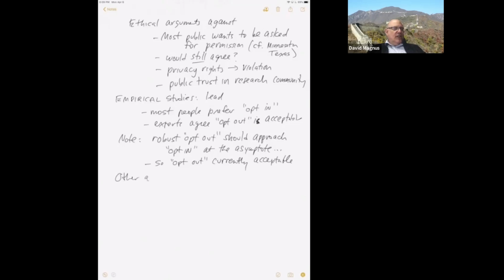Obviously, currently it doesn't count as human subjects under the regulations if it's de-identified, but we've already seen that that may be problematic. But some other arguments in favor include the fact that to some extent, whether you consent or not, there has to be some research-like activities with blood spots.